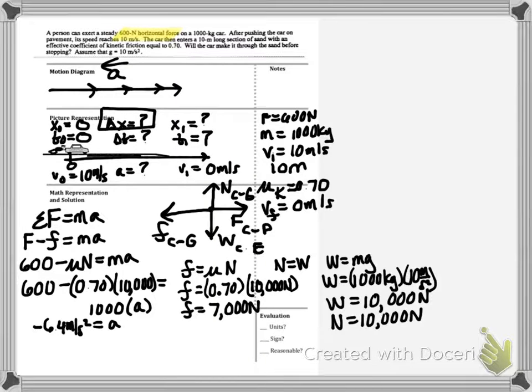Now that I know the acceleration, I can go find my delta x. So now I look on my motion equations, and I need a motion equation that has vf, vi, a, and delta x in it, and doesn't have t. The main requirement is that it doesn't have time in it, because I don't know time and I don't have any way of finding time.